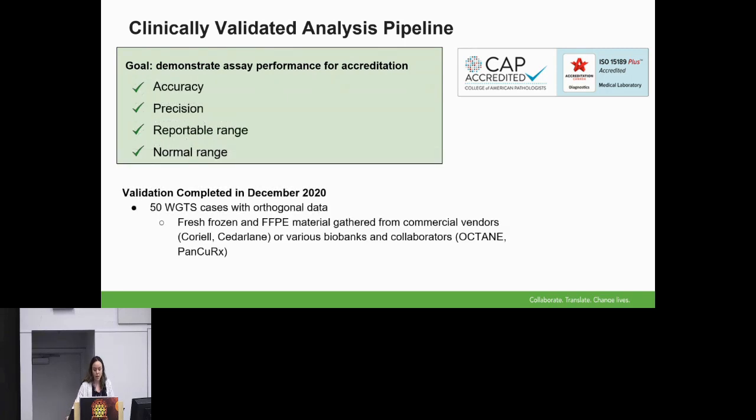So in order to validate our analysis pipeline, our group performed an extensive validation project using 50 sets of samples with orthogonal data, which were sequenced and analyzed through our pipeline and evaluated in the 4 categories above.